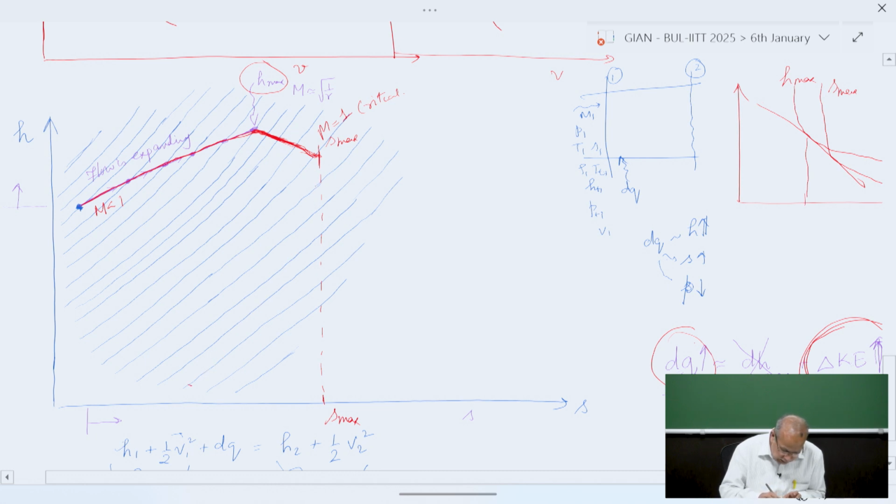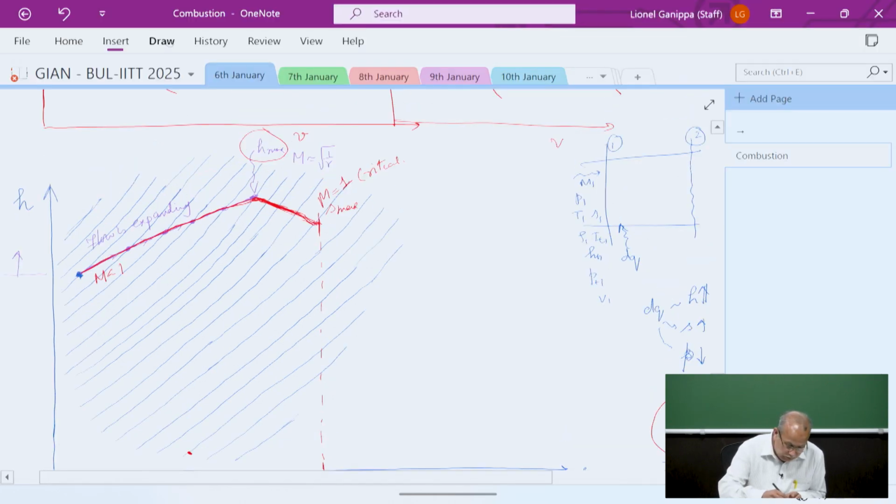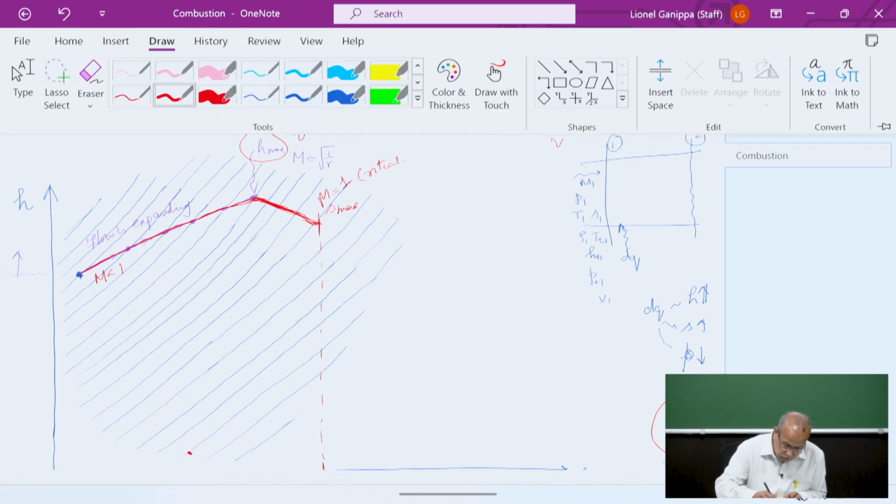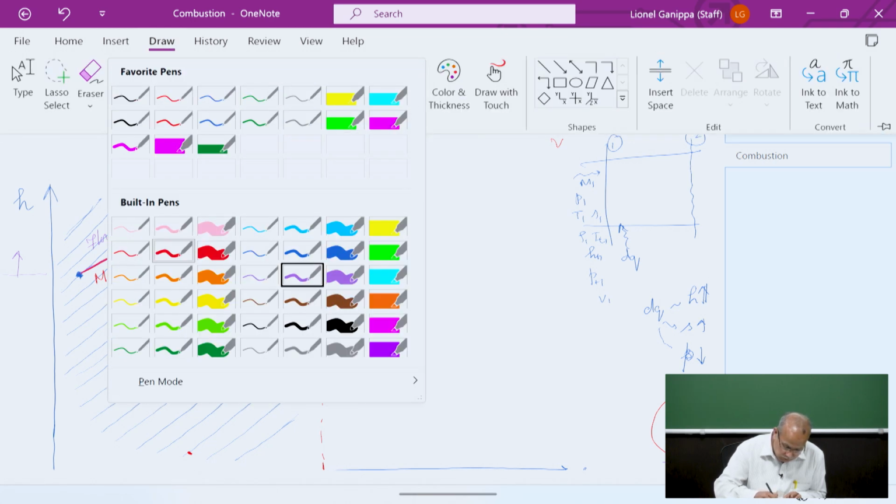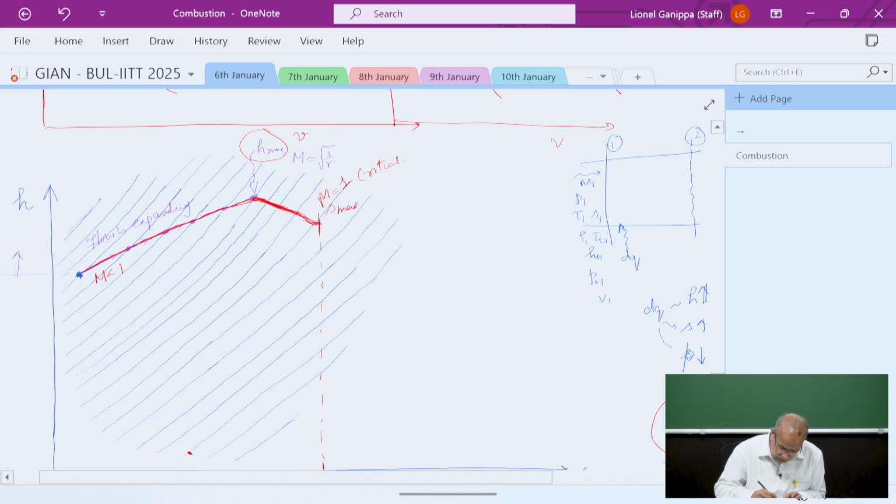So I need to start somewhere from here and go in the direction of increasing pressure. So here you can see this is the upper branch.